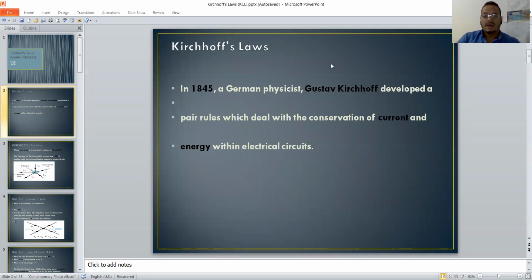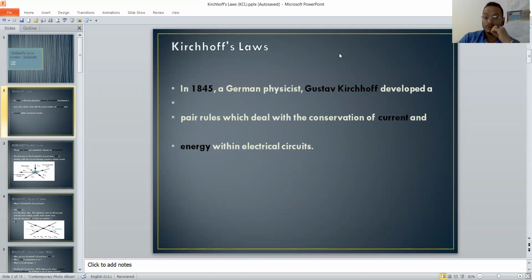Here, the scientist is Gustav Kirchhoff. In 1845, a German physicist, this guy belonged to Germany, developed these rules.